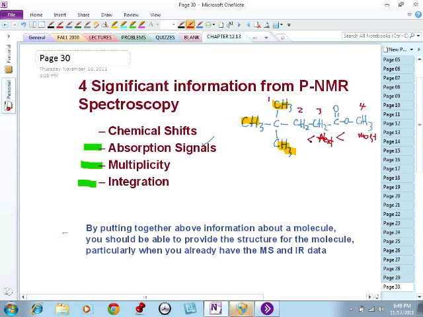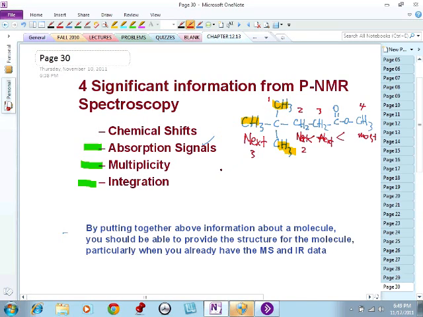Then I will say that is greater than this one here. I will say second next, right? Can I use second next? Okay, next 2. And then finally, the least chemical shift in this system will be what? This here. So this will be next 3. So I will expect the chemical shift of this to be the highest, followed by the chemical shift of this, followed by the chemical shift of this, followed by the chemical shift of the methyl.